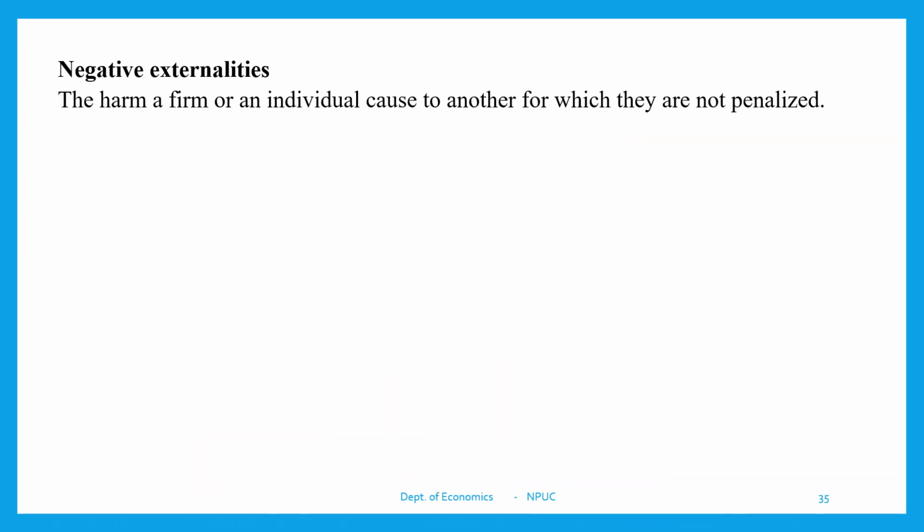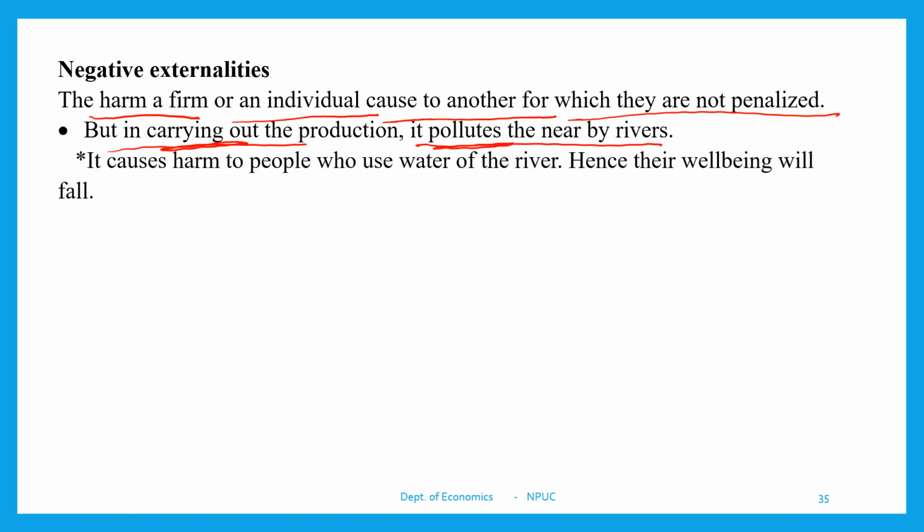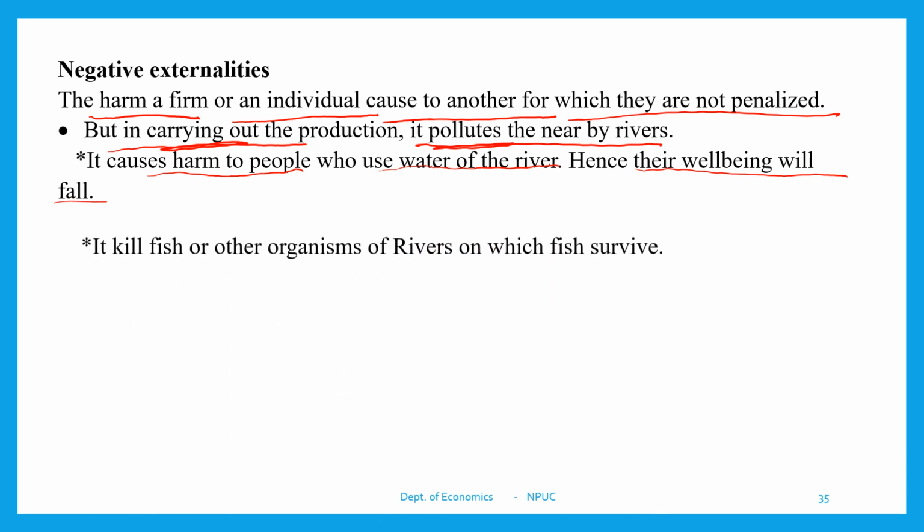Negative externalities. The harm a firm or an individual causes to another for which they are not penalized. In carrying out production, the oil refinery may pollute the nearby rivers. It causes harm to people who use the water of the river, hence their well-being will fall.